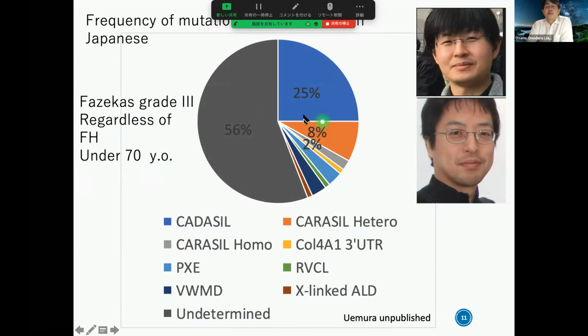Among them, about 25% have CARASIL mutations, but surprisingly, about 8% of individuals have a heterozygous mutation in HTRA1. Just about 2% have a homozygous mutation of HTRA1. Therefore, in Japan, nearly 10% of these individuals are caused by a mutation of HTRA1.